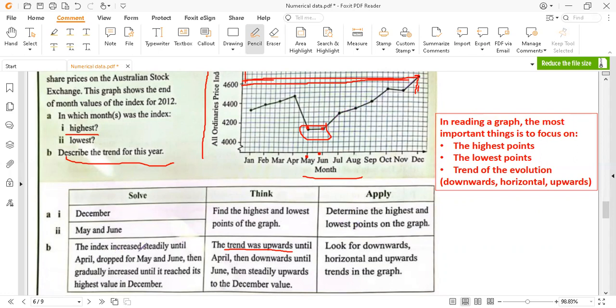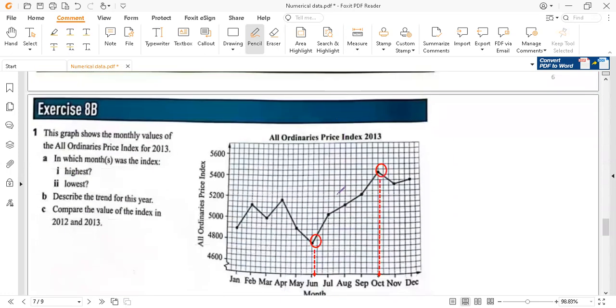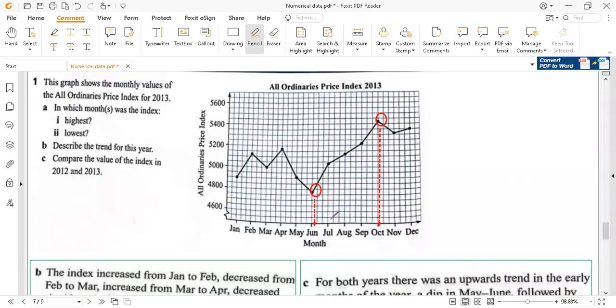We can also say the index increased steadily until April, dropped for May and June, then gradually increased until it reached its highest value in December.